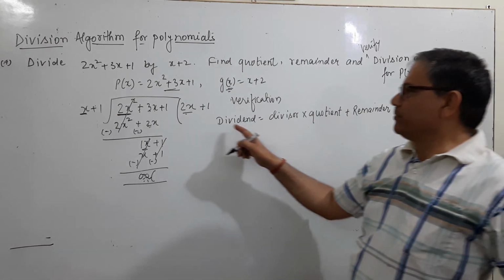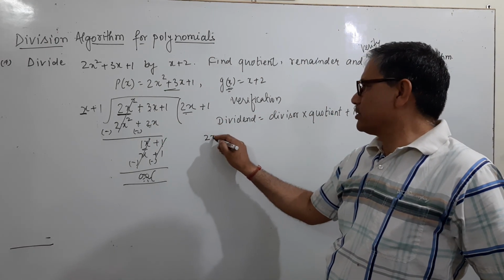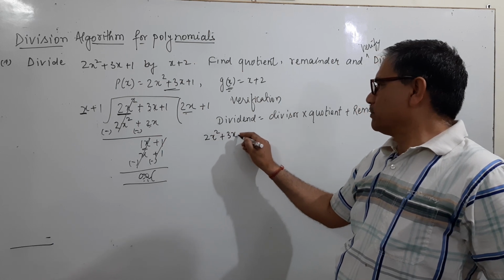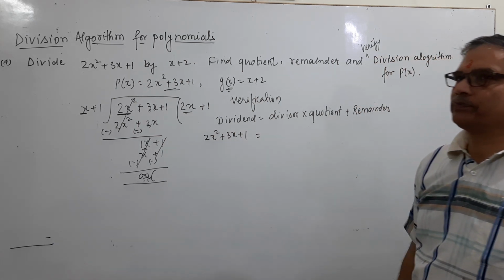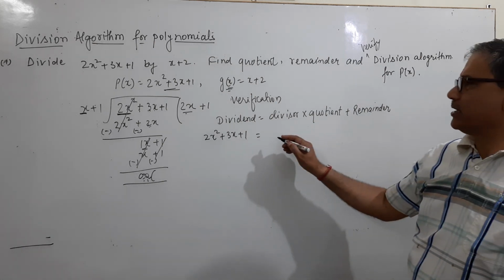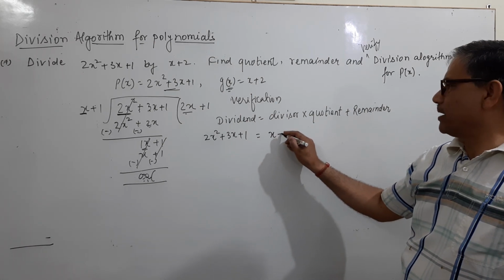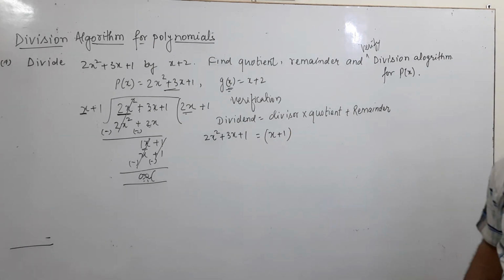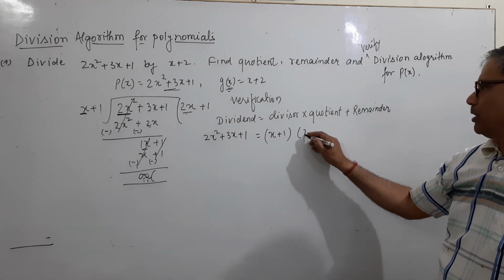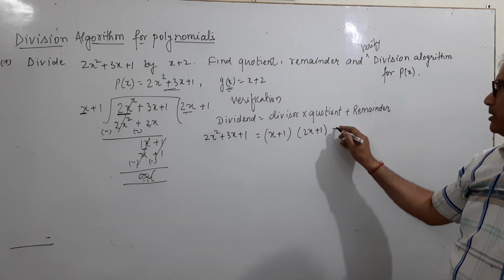Now what is the dividend? This is 2x square plus 3x plus 1, is equal to, what is the divisor? Divisor is x plus 1. What is the quotient? 2x plus 1. What is the remainder? 0.